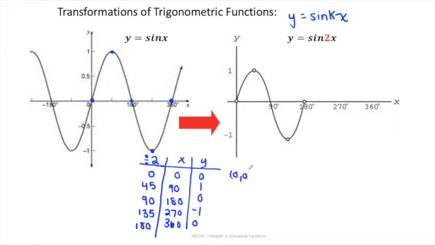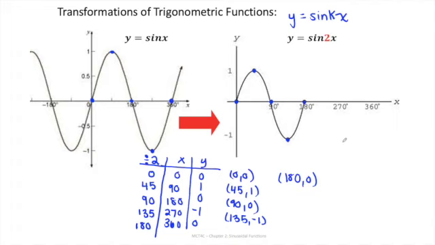So you're going to get new points 0, 0, 45, 1, 90, 0, 135, negative 1, and 180, 0. So that is your graph.